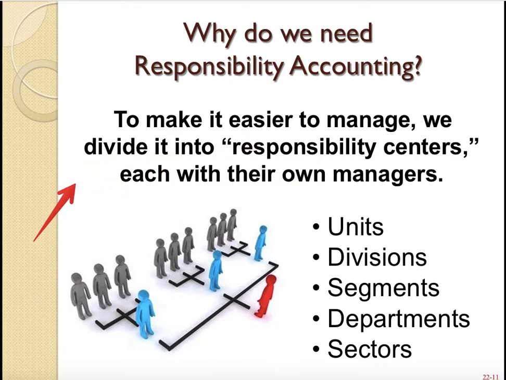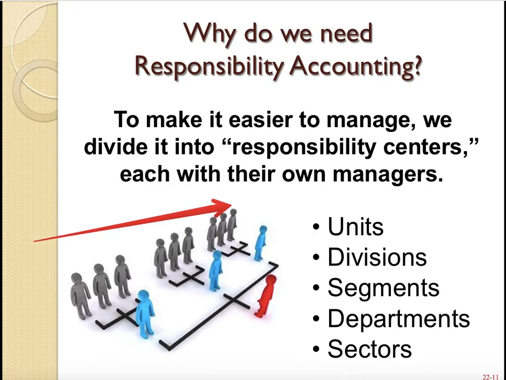Okay, and each of those responsibility centers has its own manager who's in charge of that piece of the business. Okay, so you've got like this little picture here kind of illustrates that. You got the CEO at the top, and then he's hired a bunch of managers below him who then in turn manage the people below them so that he doesn't directly have to manage everything.